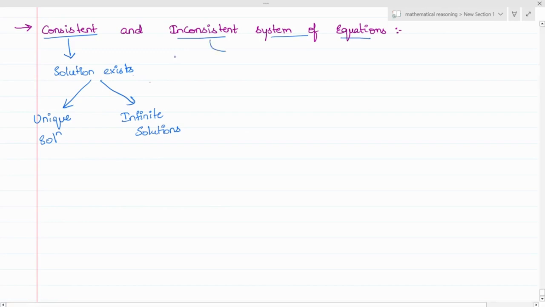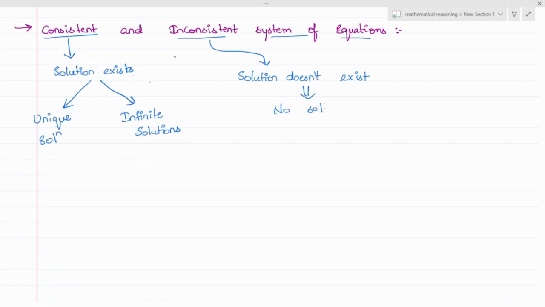Coming to inconsistent, here a solution doesn't exist. There is only one case, that is when we have a no solution case. So consistent is the term we will use either when we have a unique solution or infinitely many solutions. The word inconsistent we will use when we have no solution.